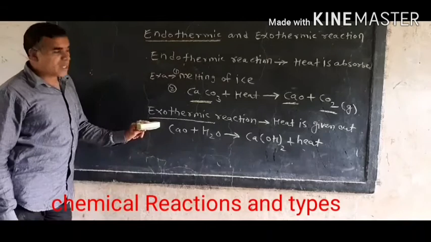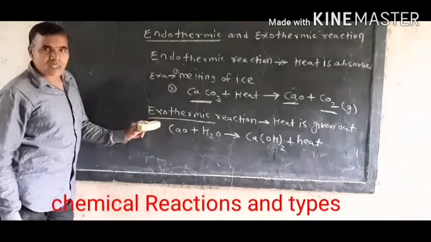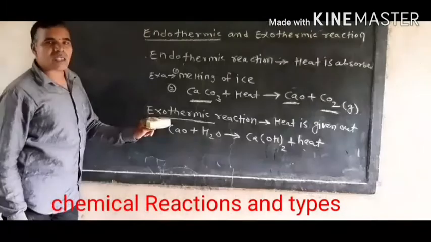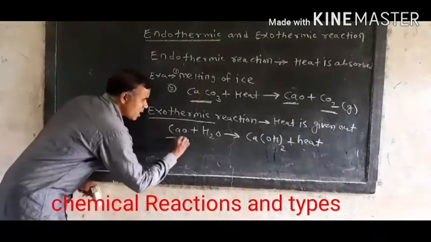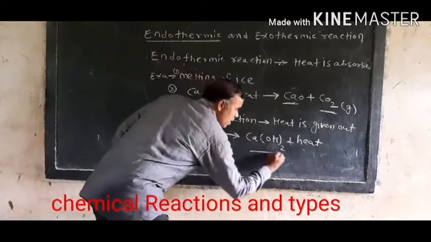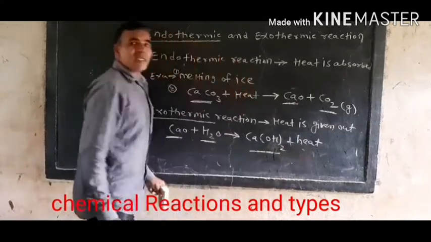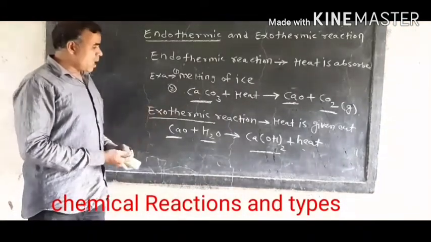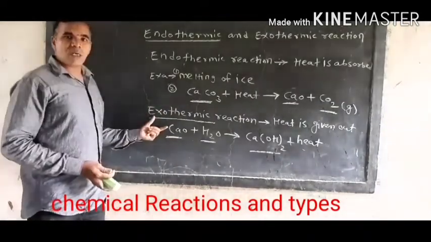And the reaction in which the heat is given out is called as the exothermic reaction. Example: calcium oxide reacted with water to form calcium hydroxide and heat is given out. यातून heat बाहेर सोडली जाते तर आपण exothermic reaction असं म्हणता येईल.